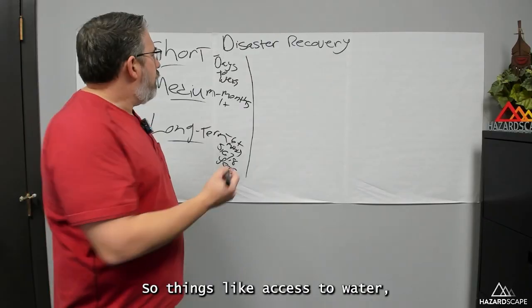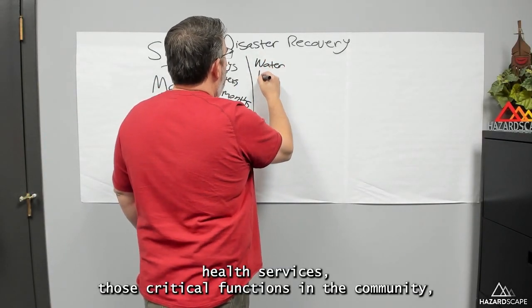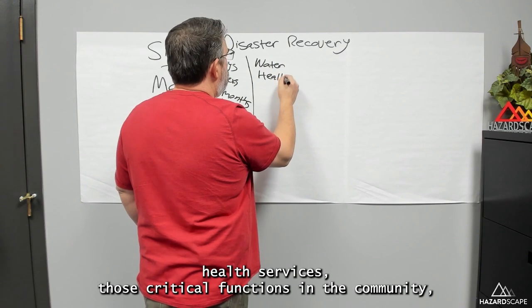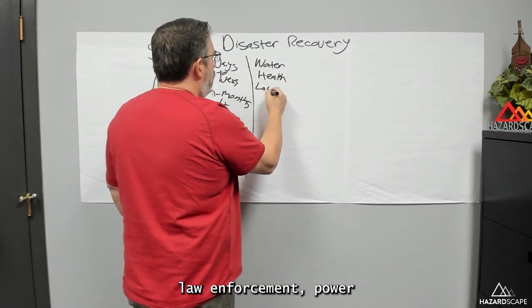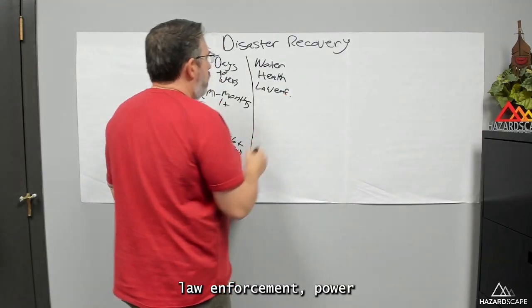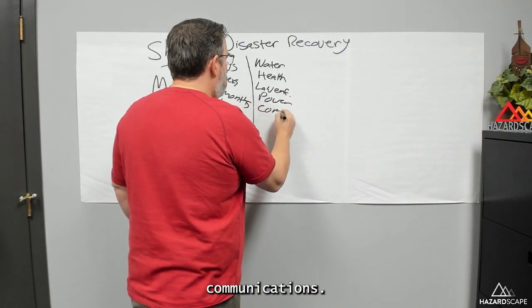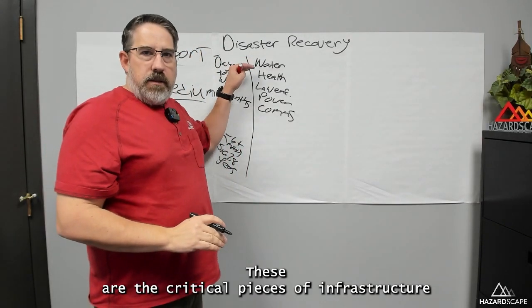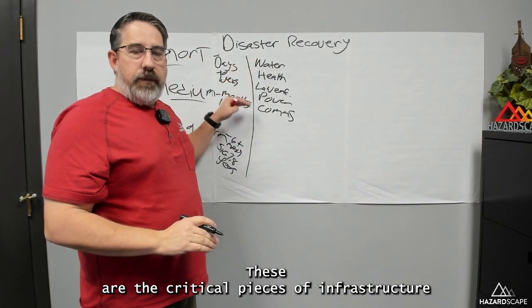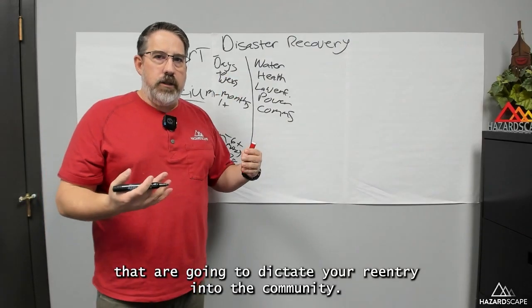So things like access to water, health services, those critical functions in the community, law enforcement, power, communications. These are the critical pieces of infrastructure that are going to dictate your re-entry into the community.